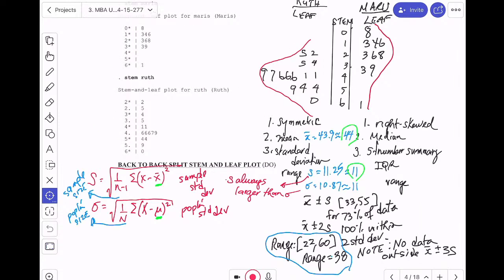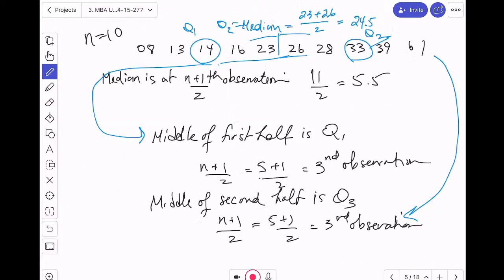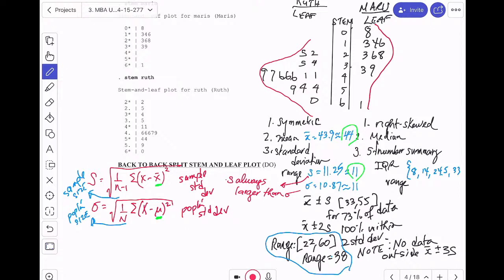So I'm going to put that here in blue. Okay, those are them.